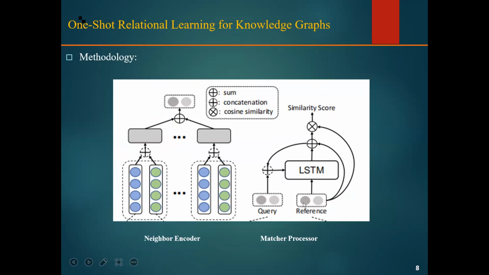First, we simply concatenate the head entity and the tail entity into a single pair, for the reference and also for the query pair, and then get the similarity between them using the cosine function.